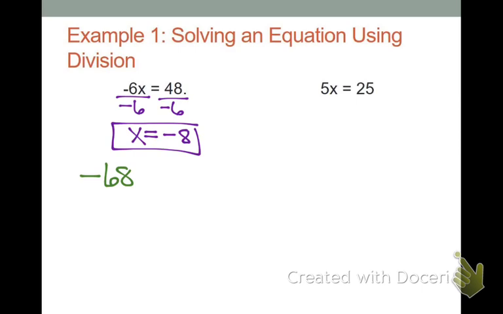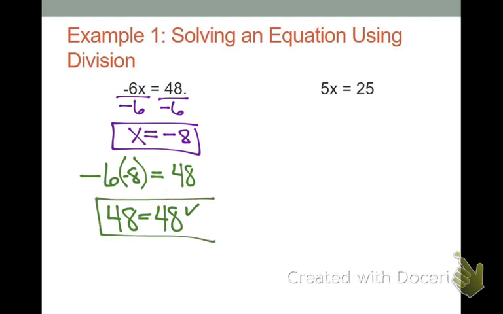No, because 6 and x means multiplication. Well, when I plug in a number, I have to put it in parentheses to show multiplication when it's two numbers together. So negative 6 times positive 8, that's one negative, times negative 8. Two negatives multiplied together equal a positive 48, so it does check out.